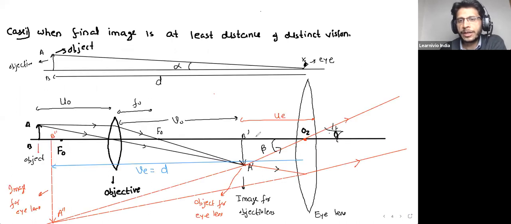And how much is tan beta in this triangle? I will not start the calculation until you tell me how much is tan beta in this triangle A prime B prime O2.